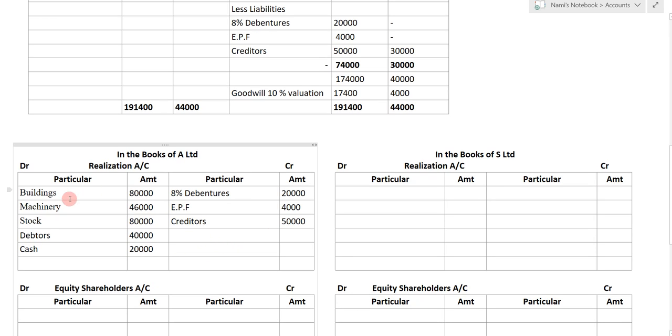So here first you write all the assets. Here you write 'By V Limited'. This entry will be of purchase consideration. PC means purchase consideration, 1,91,400.